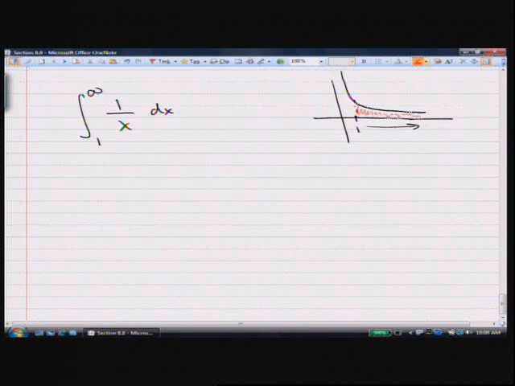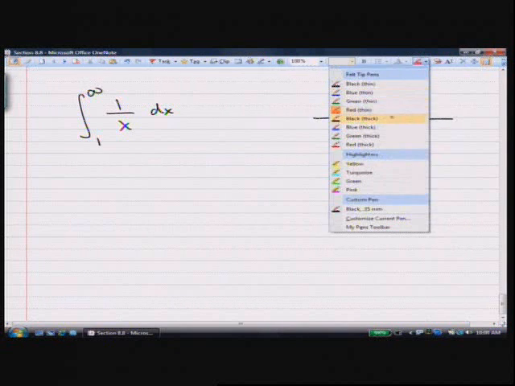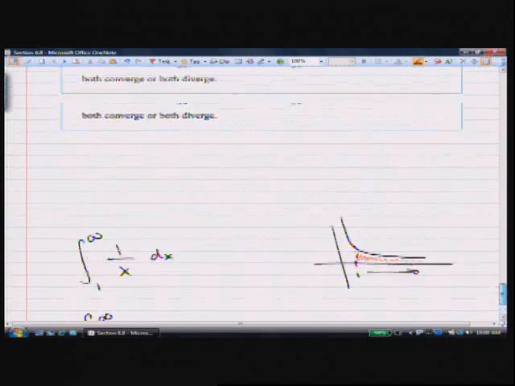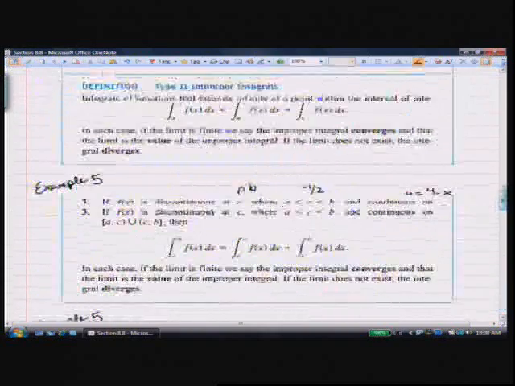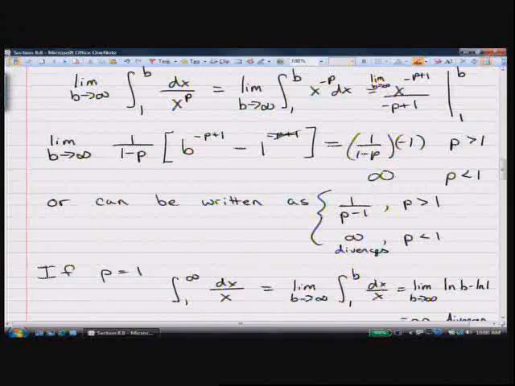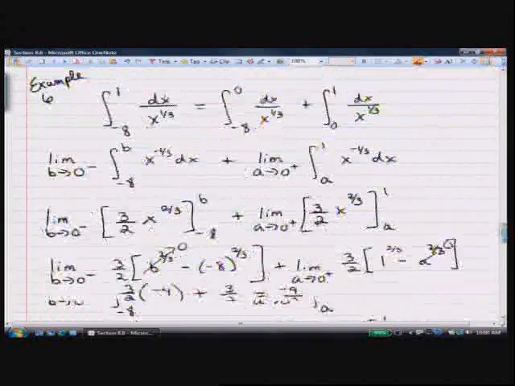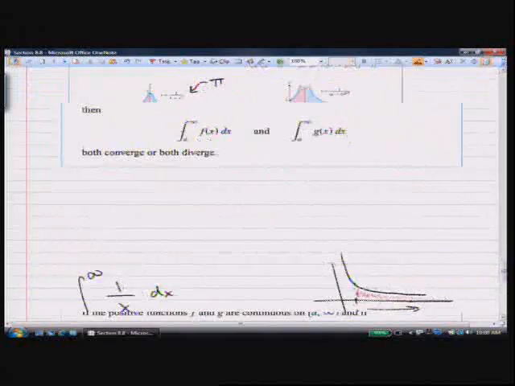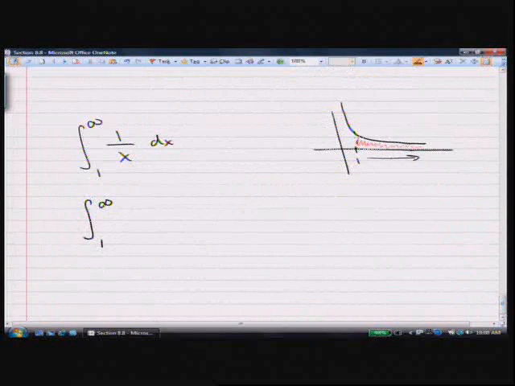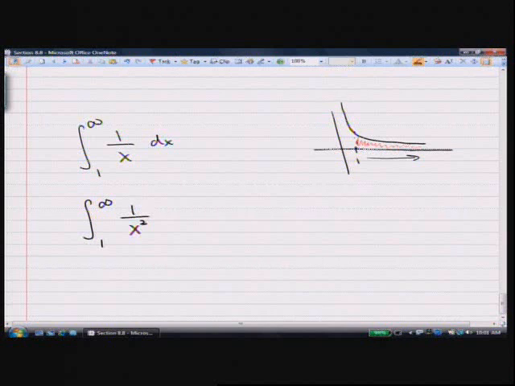But if I were to look at the integral from 1 to infinity, and we said when p was greater than 1, we would get a value. So if I look at the integral from 1 to infinity of, say, 1 over x squared, what does that graph look like?